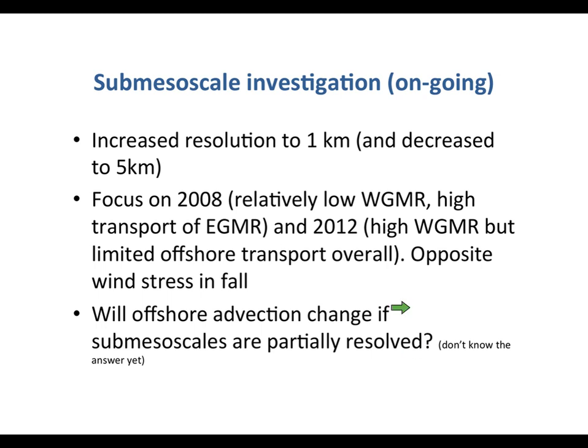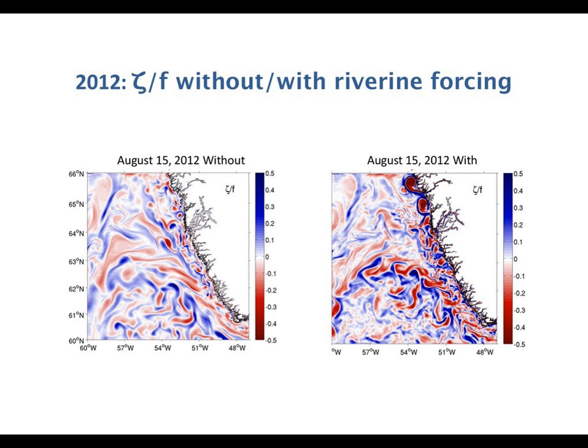And I just want to give you an idea of what the simulation looks like. This is Filippo Taglis, who has been running them. Here you can see the vorticity distribution in 2012, with and without riverine forcing, meltwater really more than riverine.